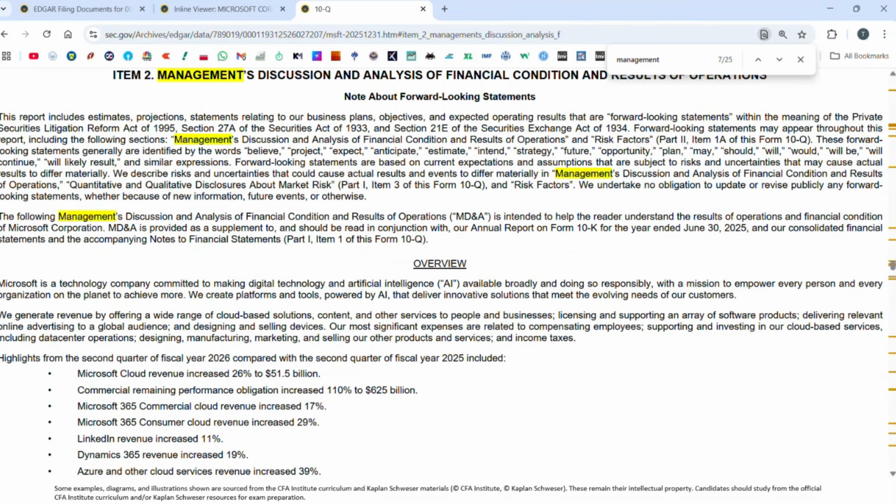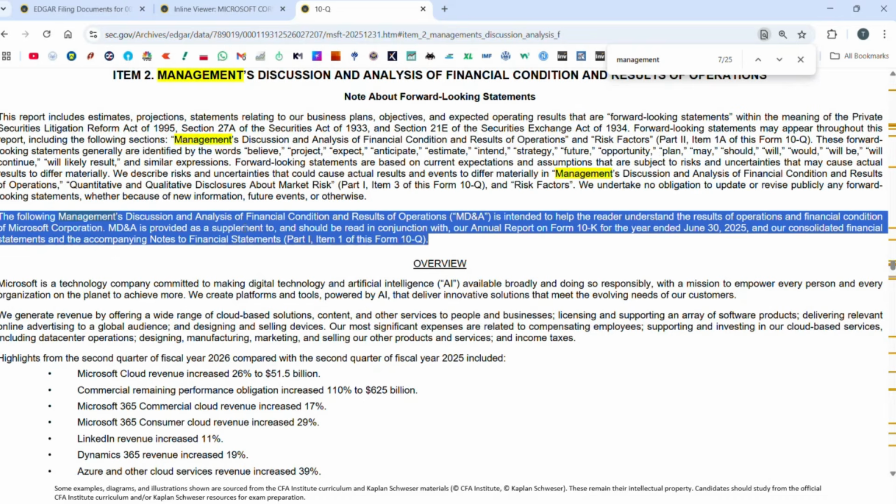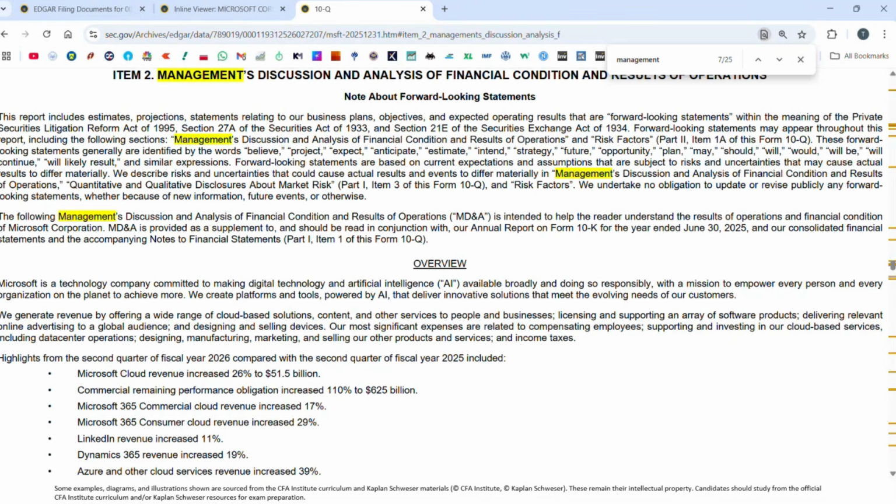So take a look at this. Read, I think, only the initial few lines, and that should help you understand what the management discussion and analysis talks about. I'll give you a couple of minutes to read. Just scan it. I think when I say read, just scan and try and understand. I'll give you 5 minutes to read this.